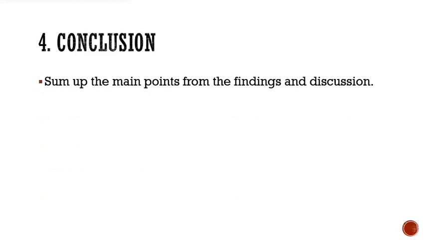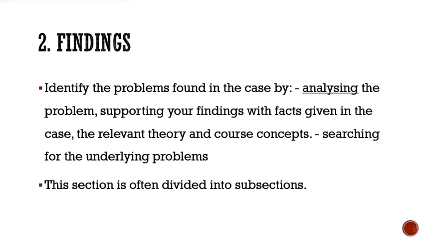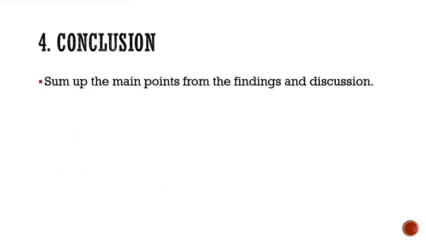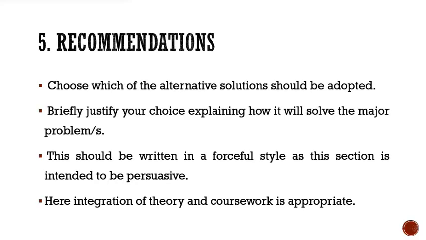And in the fourth section, the conclusion, you have to sum up the main points from the findings and discussion. So whatever you have found from the findings section and discussion, you have to sum up the main points in the conclusion. And in recommendations, you choose which of the alternative solutions should be adopted.